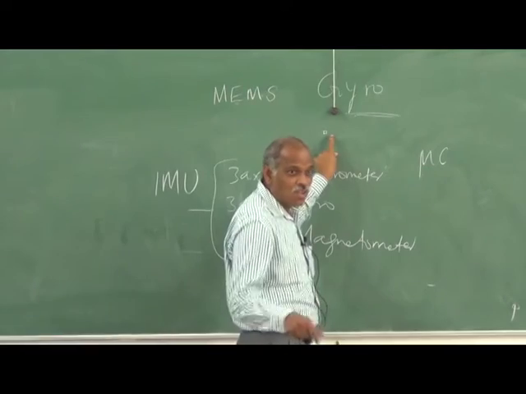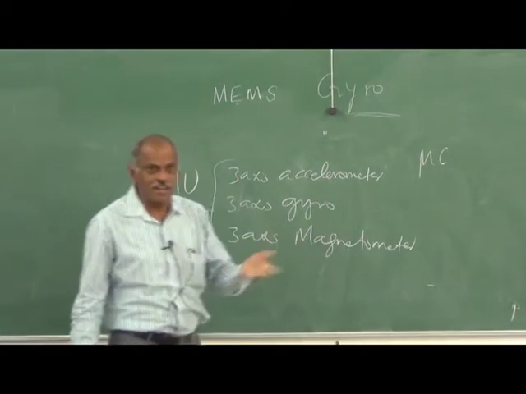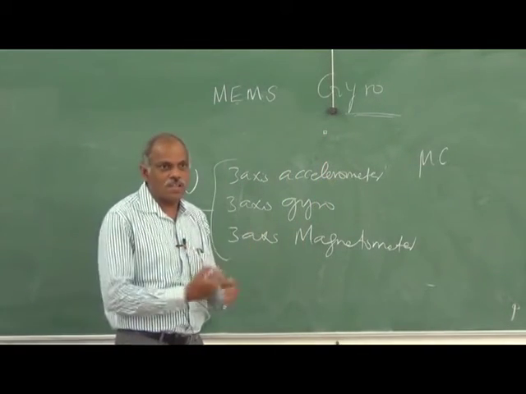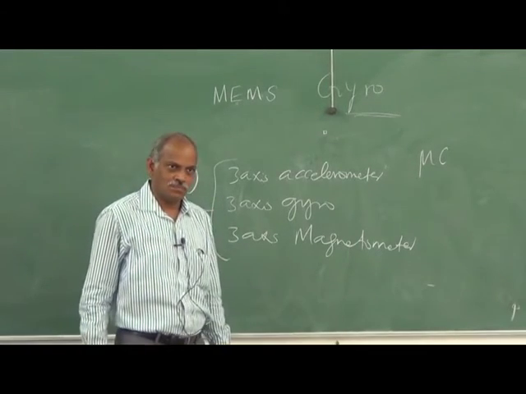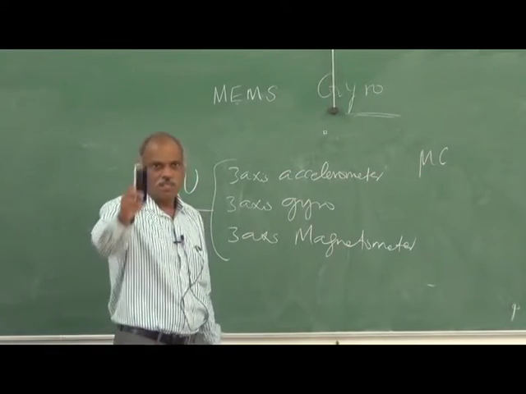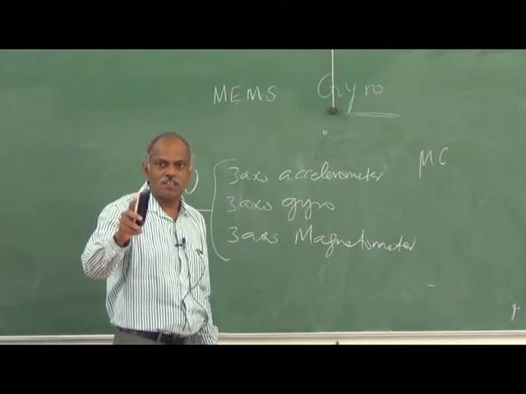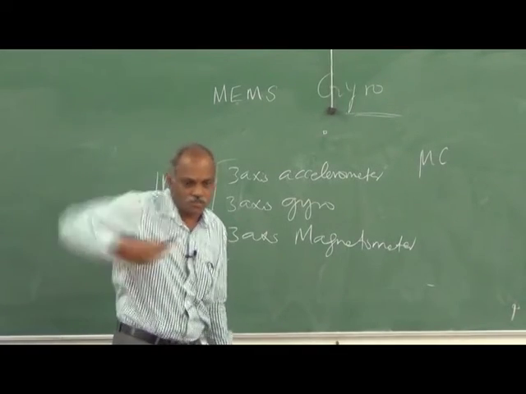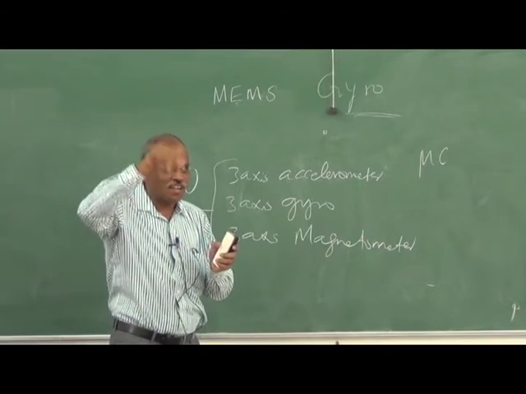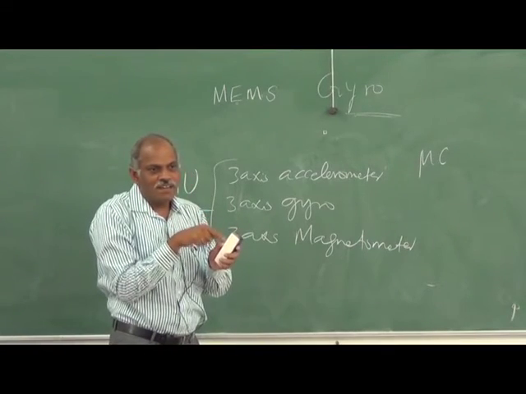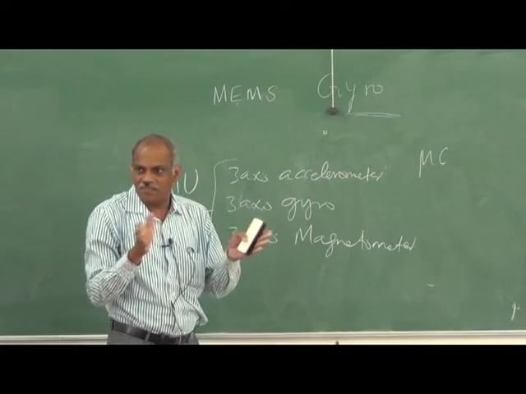The microcontroller can also be used to give an output trigger when there is a particular pattern of acceleration. That means if I have a device with a MEMS sensor attached and I move it like this, that particular signature can be made a trigger.